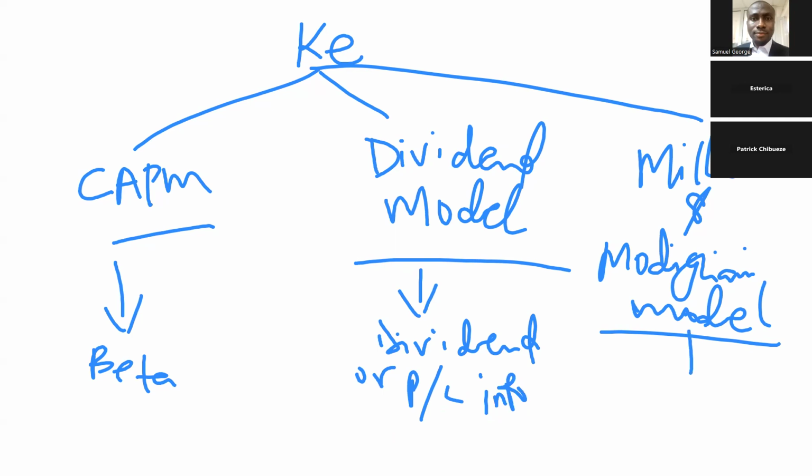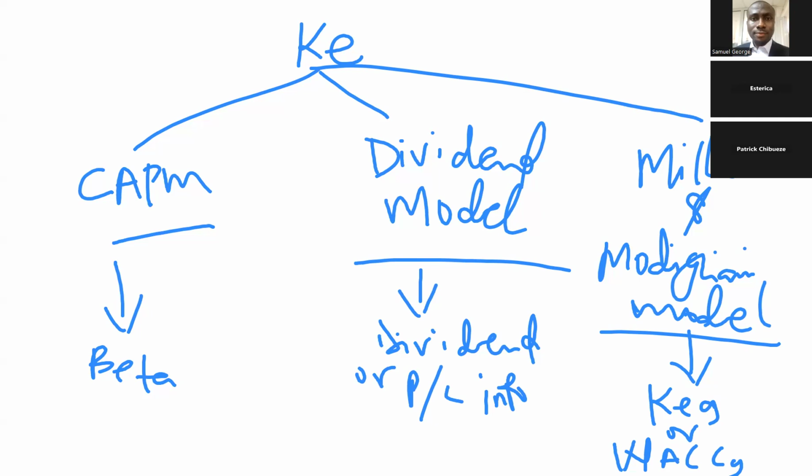Okay, then I said for Miller and Modigliani, you are going to see cost of equity of a geared company, or you see WACC of a geared company. And most times you'll be supplied with proxies, information about proxy. Okay, very well. Let us look at this question.